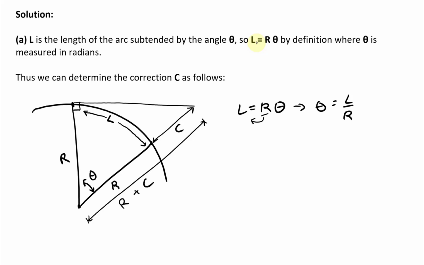And now cosine. If we look at over here, we want this in terms of the values that we know. This is going to be the hypotenuse, the long side.